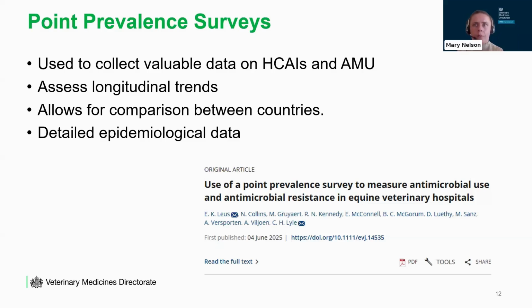Here is an article at the bottom here, where a point prevalence survey was implemented in an equine hospital to monitor their antimicrobial use, and the conclusion that they found was that it enabled them to find what they were using, and that enabled targets for action regarding how they were using highest priority critically important antibiotics, their prophylactic use of medications, and the lack of stop and review data that they did not have before.